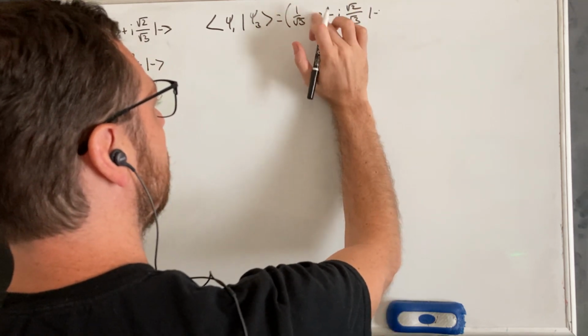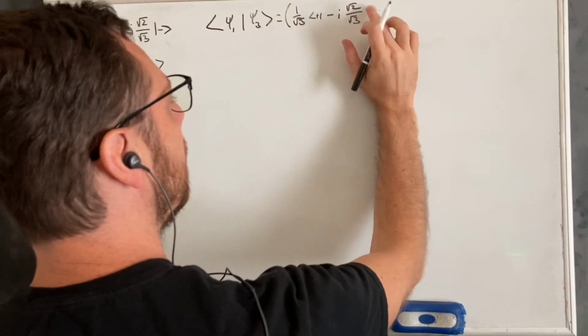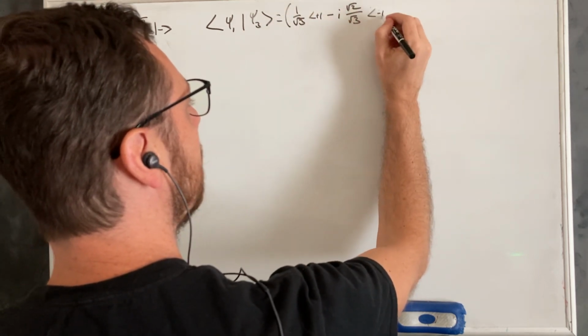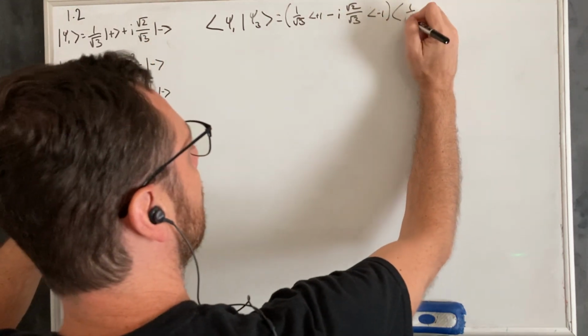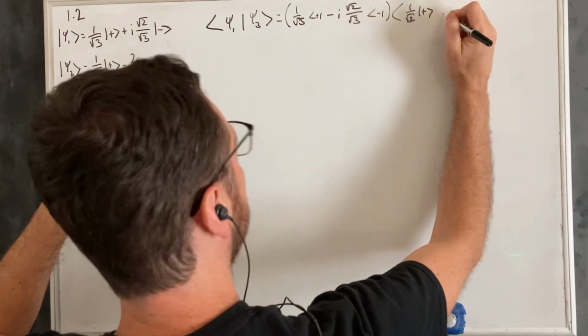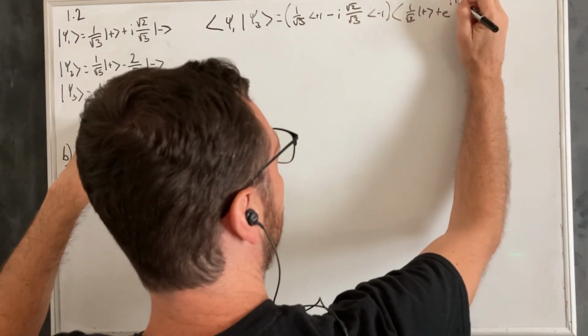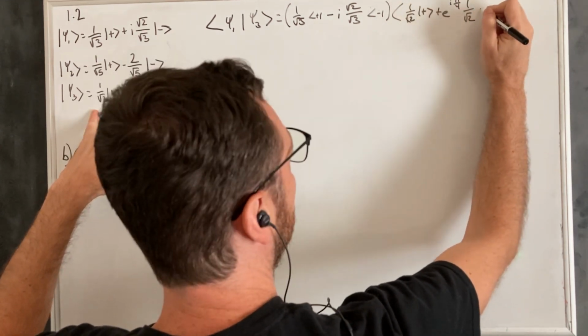And these should be bras. Okay, and then our ket state for 3, which is 1 over root 2 up plus e to the i pi over 4, 1 over root 2 down.